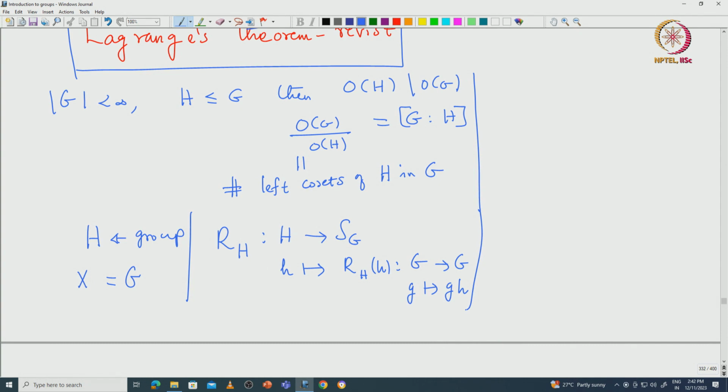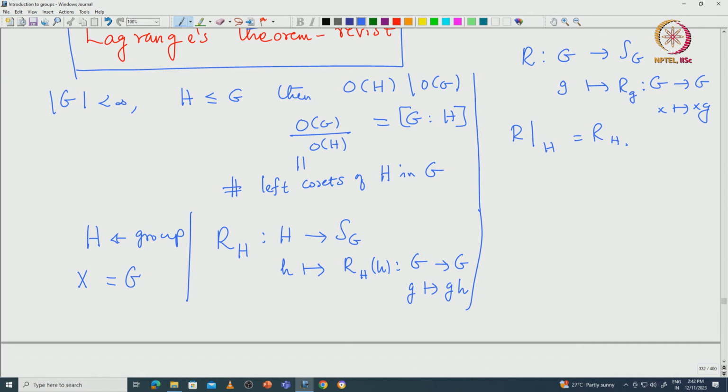So this is simply a right multiplication restricted to H, because we have this right multiplication from G to S_G, and the map is given by g goes to, let us say, R_g, where R_g is a map from G to G, where x goes to xg. You restrict R to H, so that is your R_H.